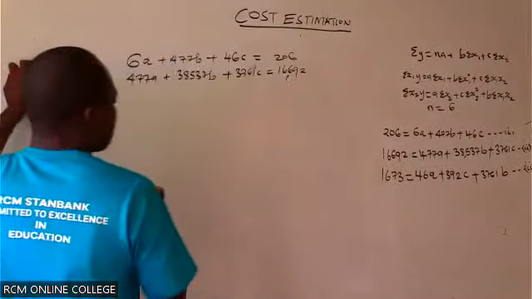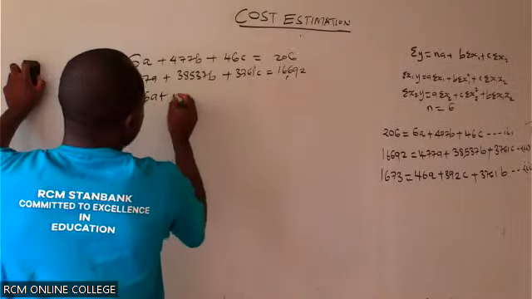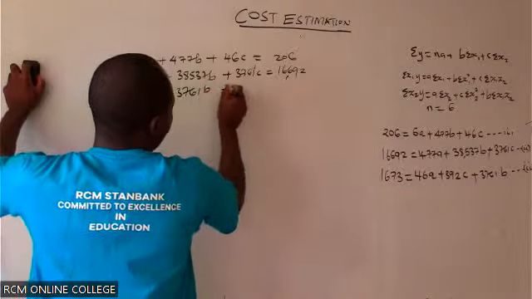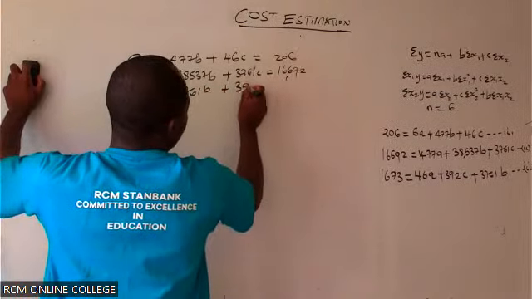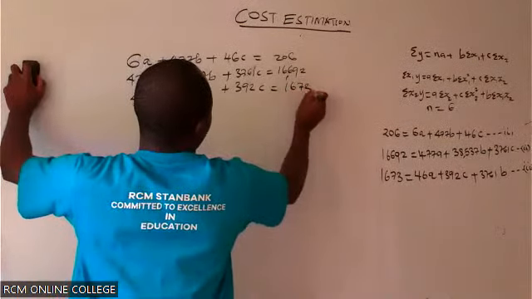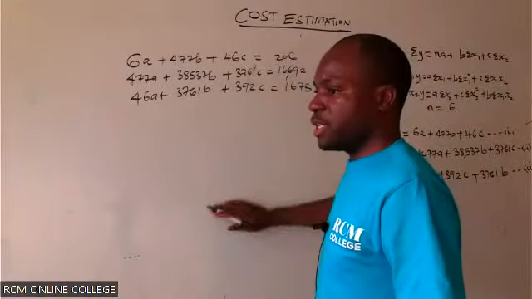Then I have 46A plus 3761B plus 392C is equal to 1673. This is what you need to have. This is the arrangement pattern.